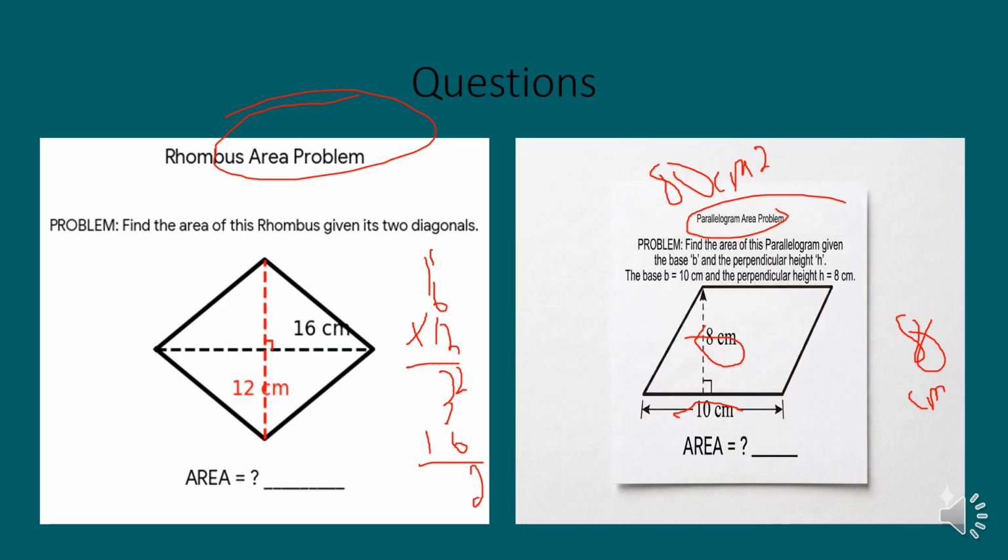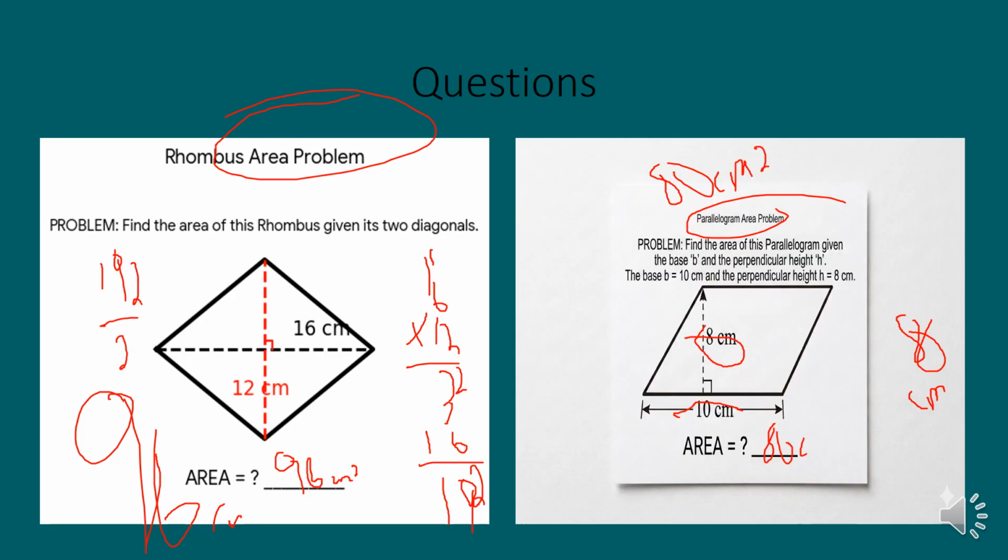So the final answer is, when we add them up, 192. Now we have to divide it by 2. So as we know, 192 divided by 2 equals 96 centimeters squared. So we got the area for both of them, 96 centimeters squared and 80 centimeters squared.